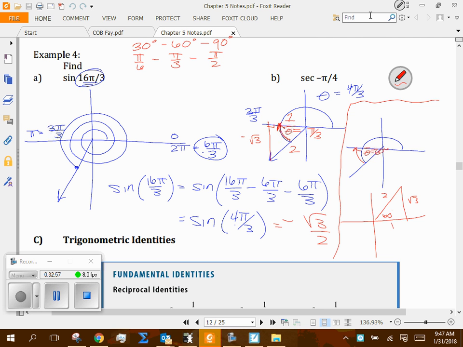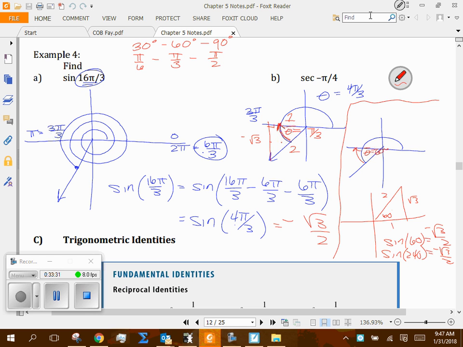So sine of 60 degrees is equal to radical 3 over 2. Then when I go back to this picture, the sine of 240 is going to be the exact same thing as the sine of 60, except the sine of 240 is in what quadrant? Third quadrant. So then they say, okay, well, that's negative. And now we have the sine of 240 is equal to negative root 3 over 2.